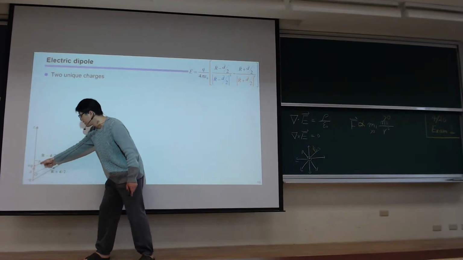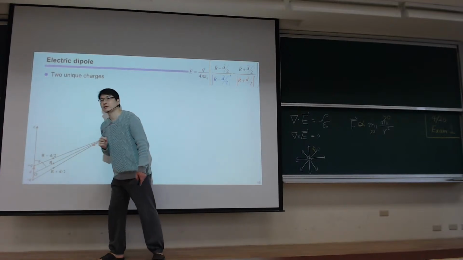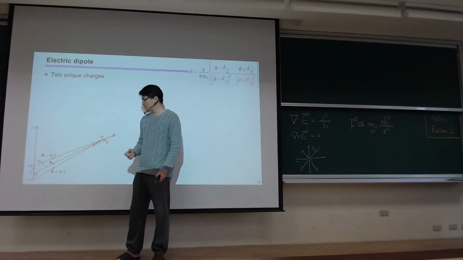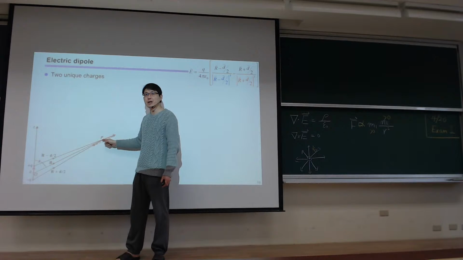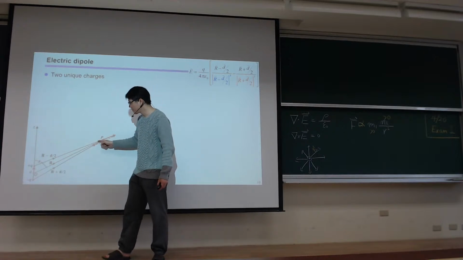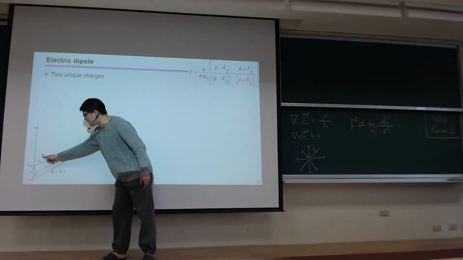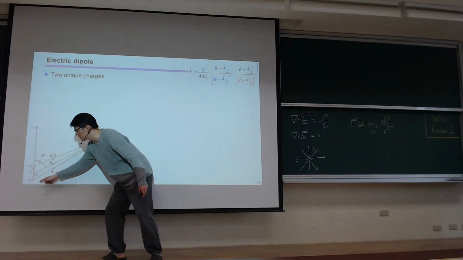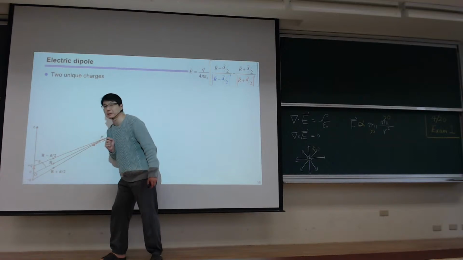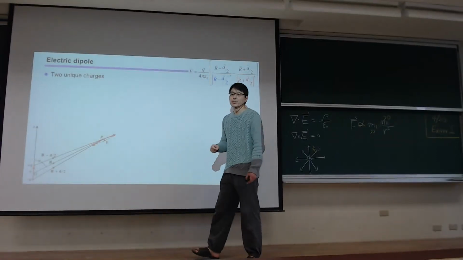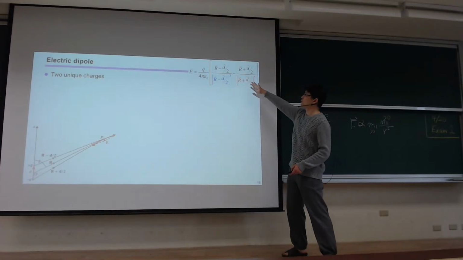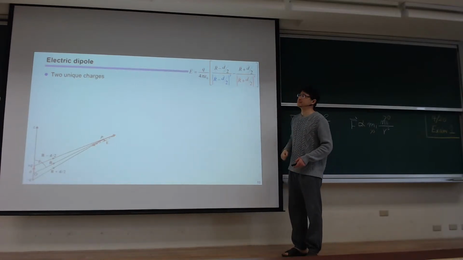These two charges have their own distance vectors relative to my observation point. For the positive charge, this is r vector minus d divided by 2. For the negative charge, it's r plus d divided by 2. So we have a total of three position vectors, right? And that's the reason why you have this result.